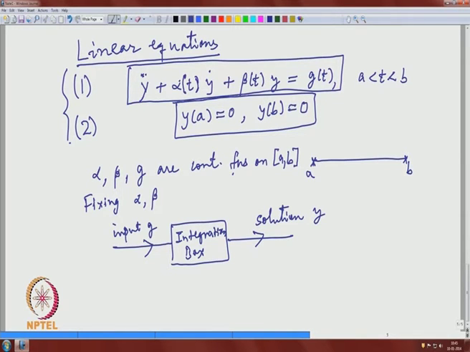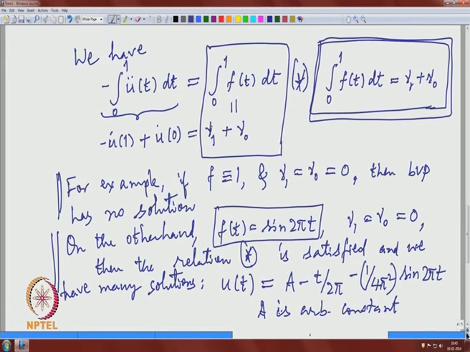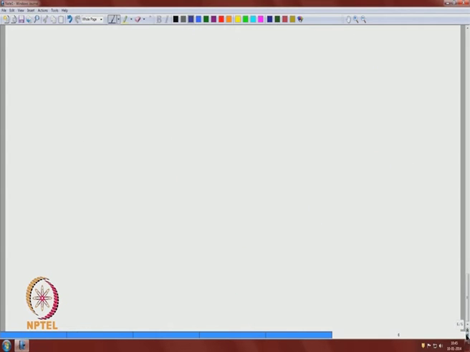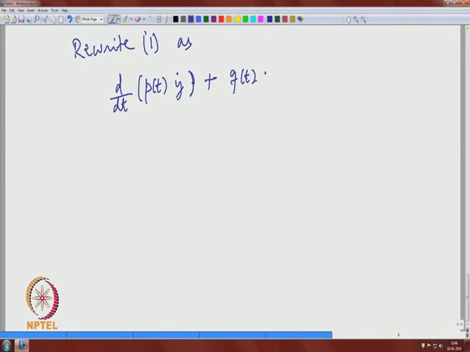Okay. So, we will simplify a little bit. For some simplification, rewrite 1 as d by dt of p(t) y dot plus q(t) y is equal to f(t).